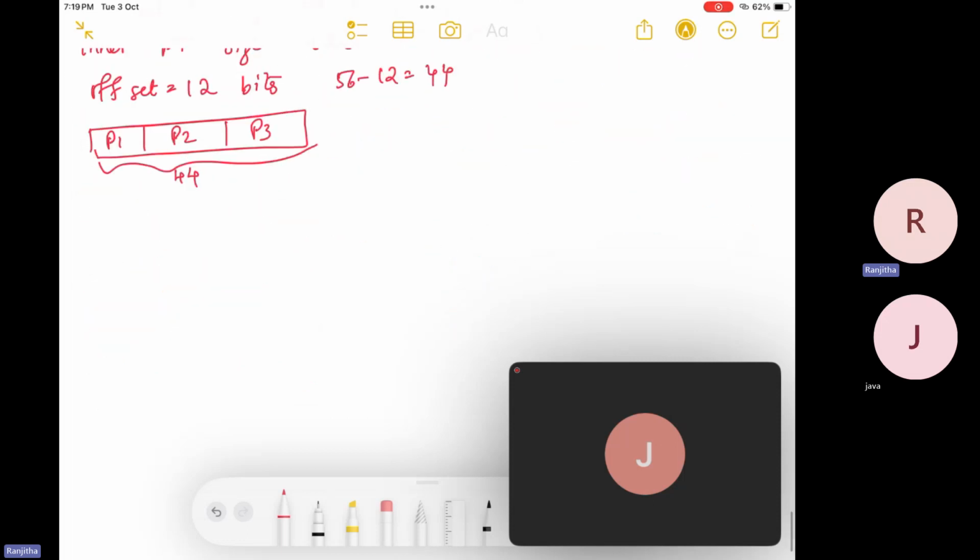So number of bits for the outer page: let's see, the number of bits is based on the number of entries. The number of entries in the outer page table equals the outer PT size divided by the PT entry size.